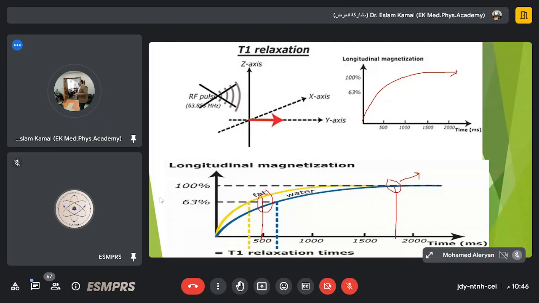That means you will receive a signal from MZ at the same time you are receiving a signal from MXY, because both processes happen together. So the coil will receive a signal from MZ at the same time as from MXY.